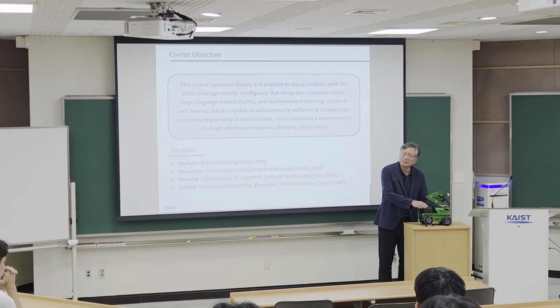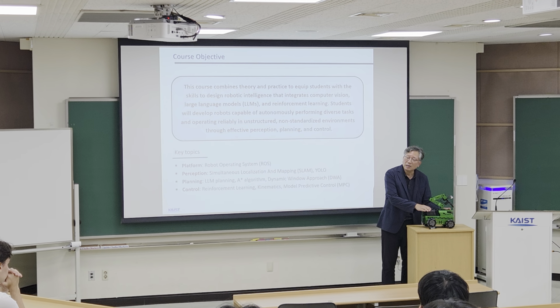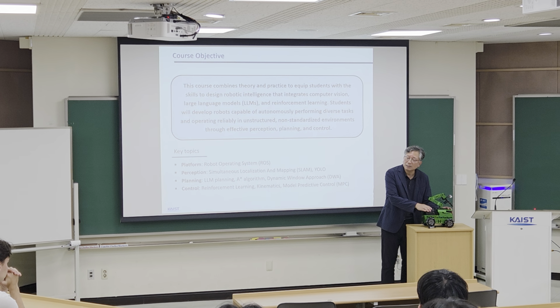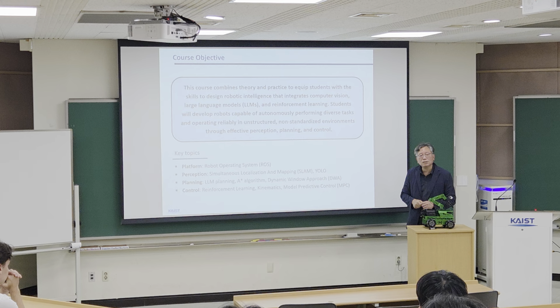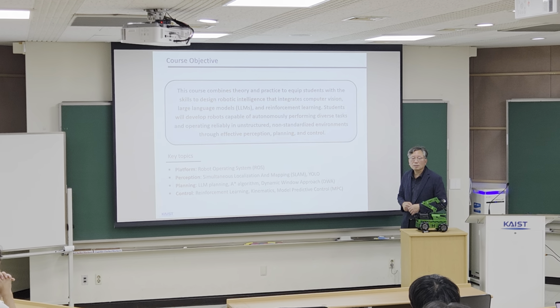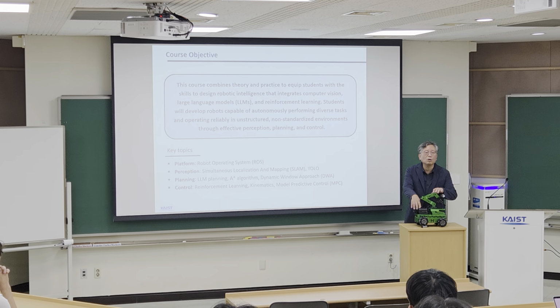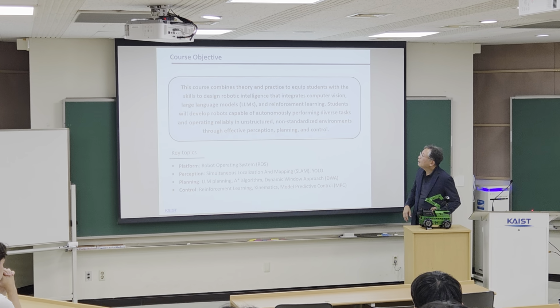We are here to design software, which is the intelligence that goes into this robot, that integrates computer vision software and a large language model. You could actually download an LLM here.